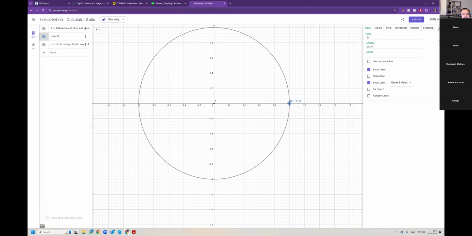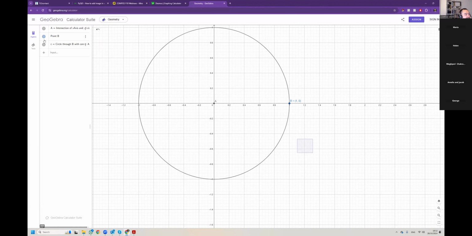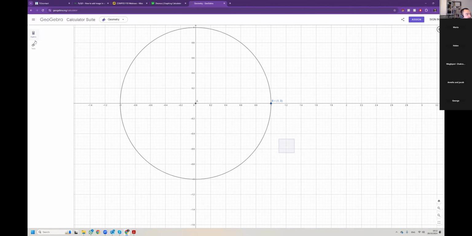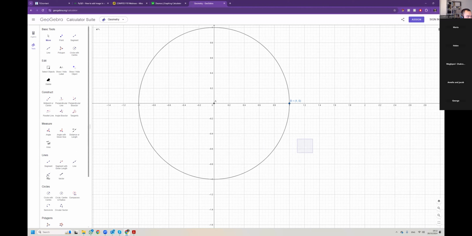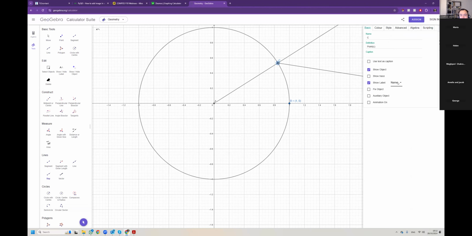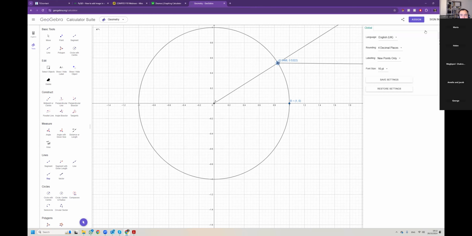Okay, that makes sense. Now I draw a ray. A ray is a half line from A to a point on the circle. And now for this point, I should label the value, the coordinates, and of course, I want 4 decimal places.